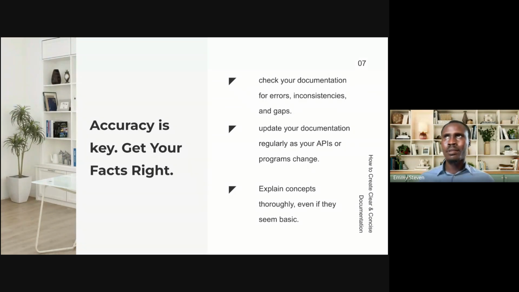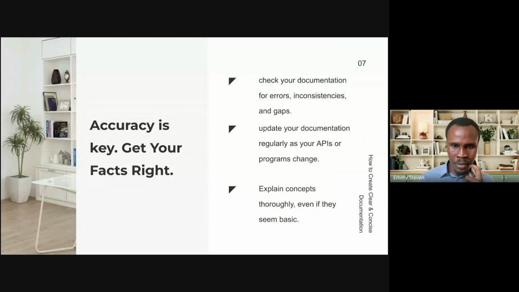So by that I mean, there are APIs that have version 1, version 2. So when there's a version 2, it will make a lot of sense that you update your documentation to reflect the changes that we have in the version 2 of your API or API program.